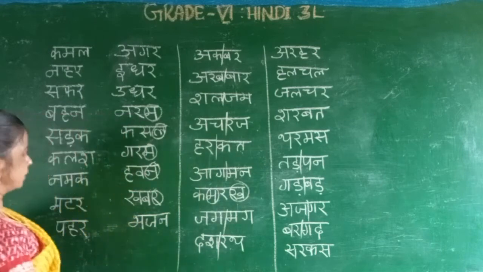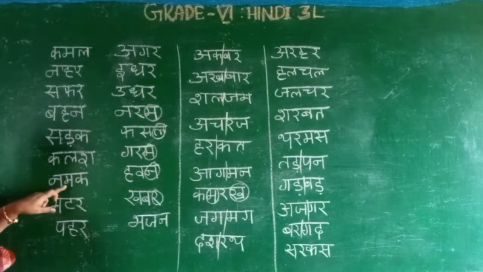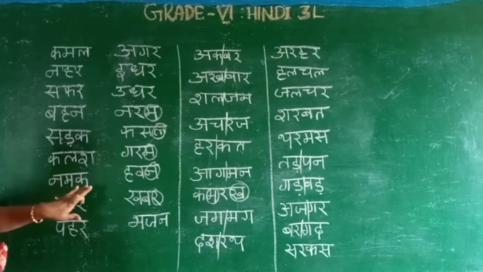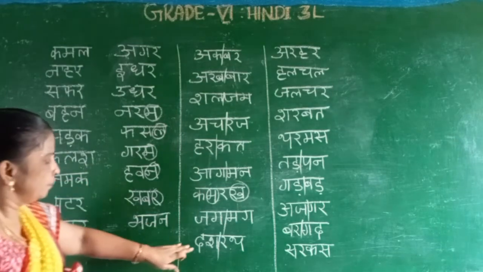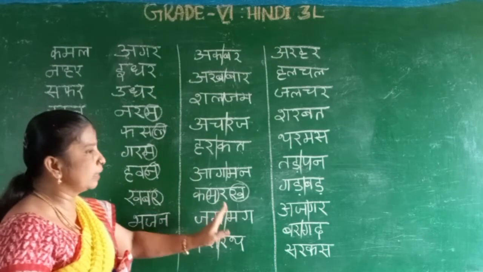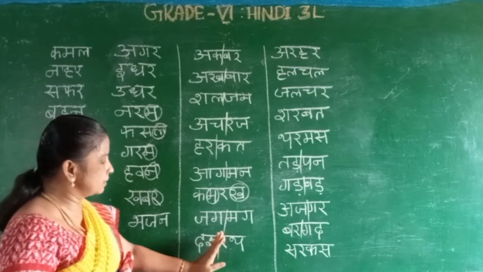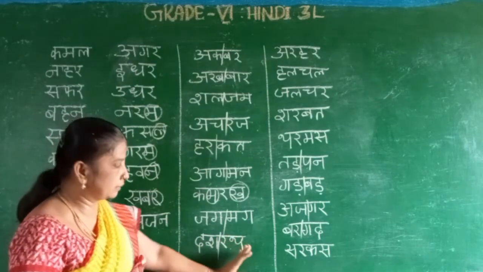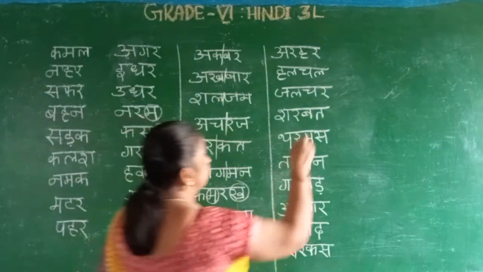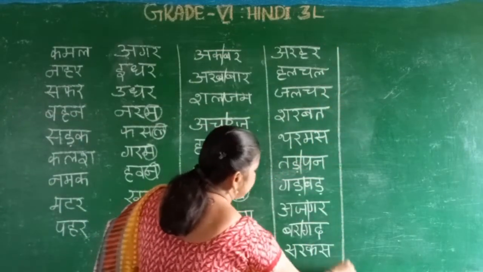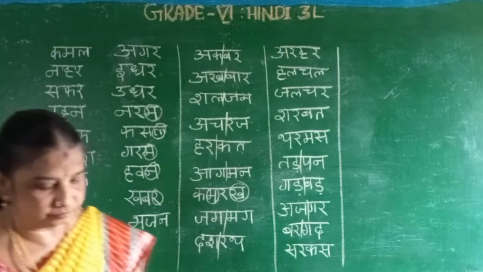Very easy. You see here the full sound in the middle letter. Na, ma, ka, namak. The end of the third letter makes a semi-consonant sound. But here da, sa, das, ra, ta, rat, dasrat. It is very easy, no? Now we are going to learn some words with four letters.